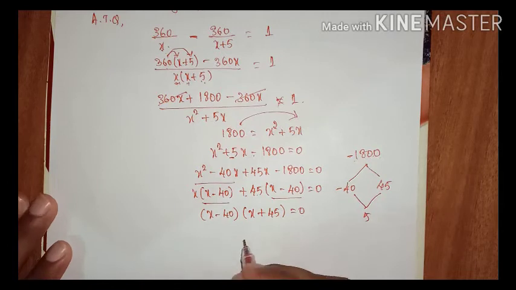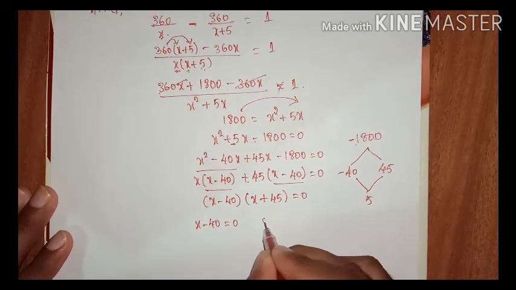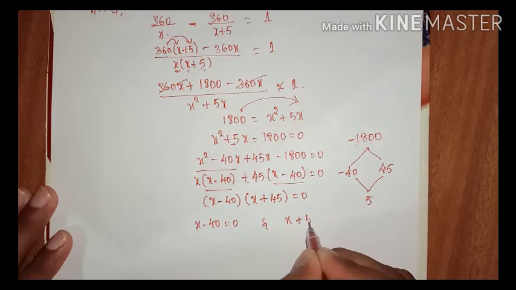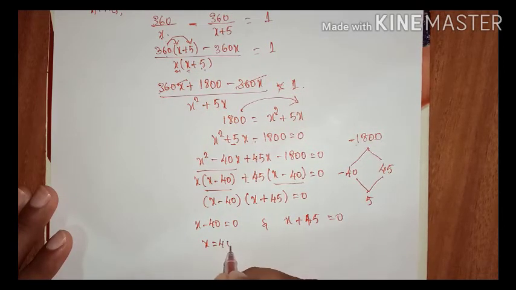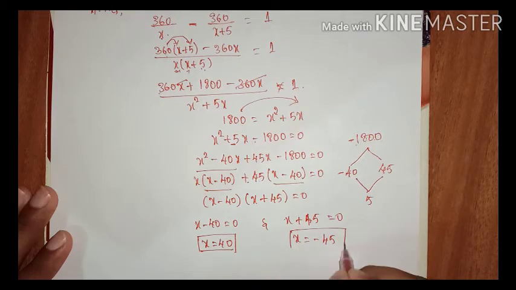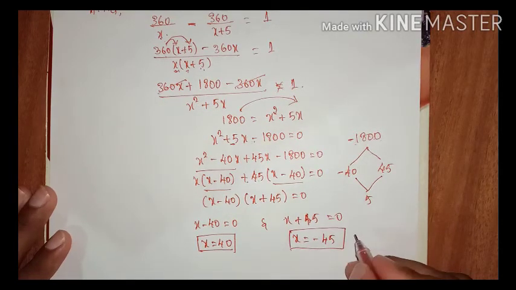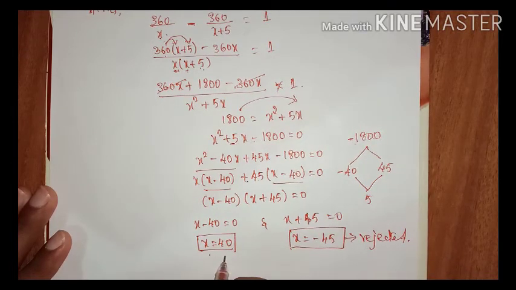Let us separate these two. So x minus 40 equals to 0 and x plus 45 equals to 0. Here x equals to 40 and here x equals to minus 45. Okay, as we know, we are going to reject the negative one and we'll take the positive one, 40.